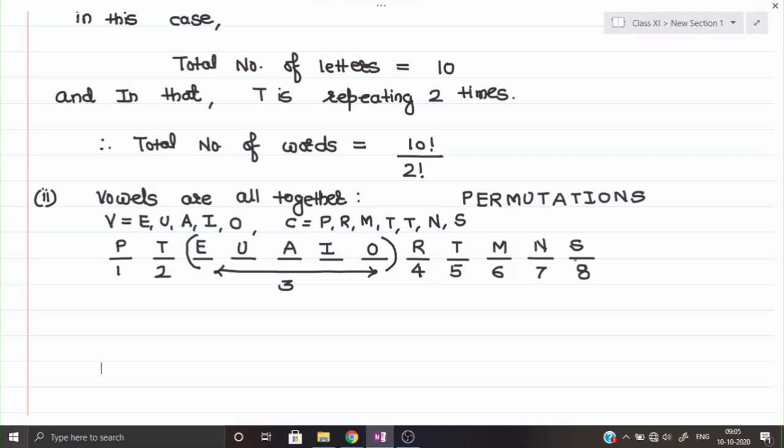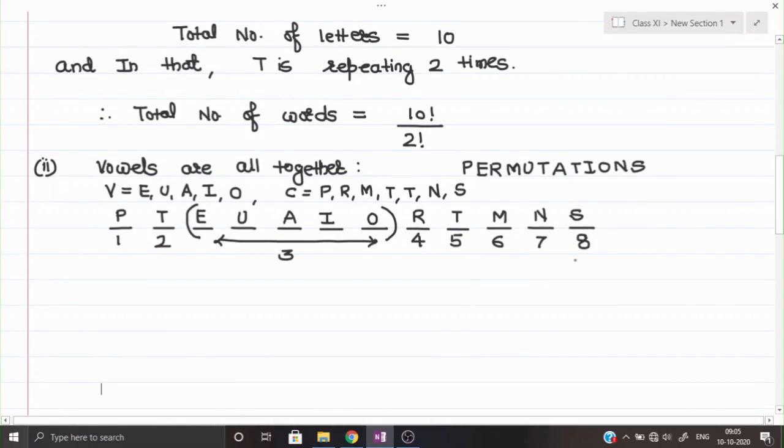Now observe, we are doing it exactly in the same manner. We are using the formula factorial n upon factorial p, factorial q, factorial r. Total number of letters here is 8, so it will be factorial 8 upon, then we write the number of times the letters are repeating.